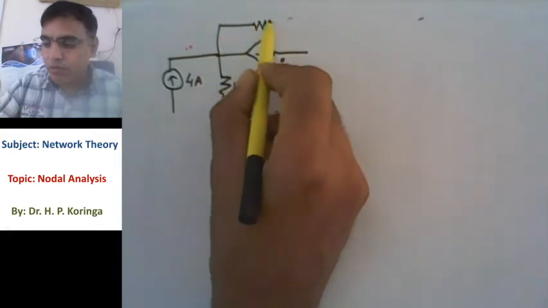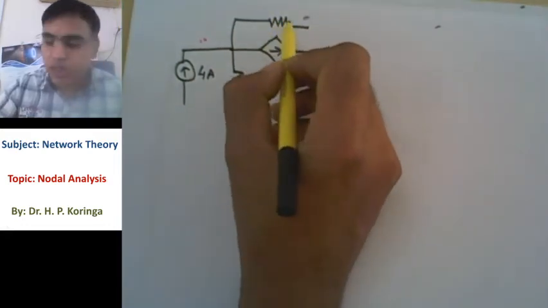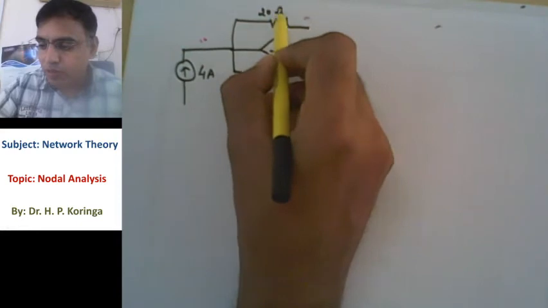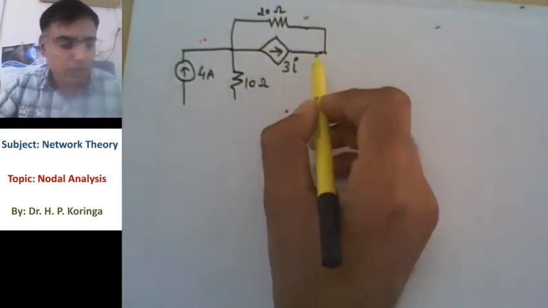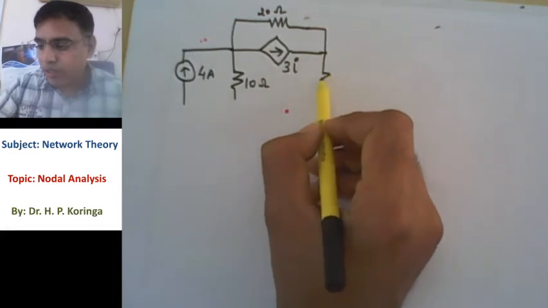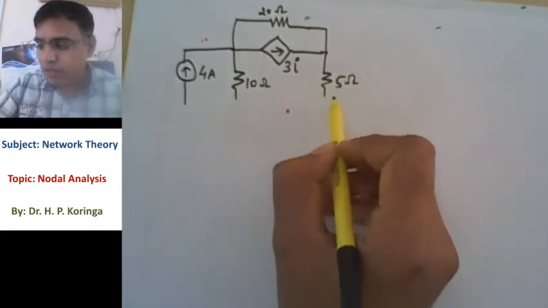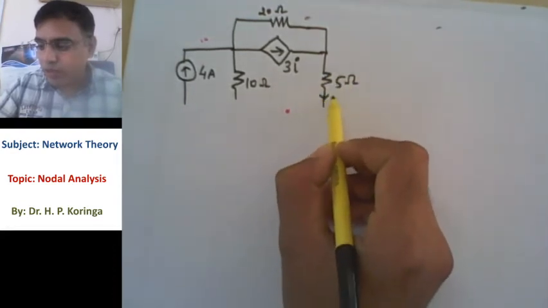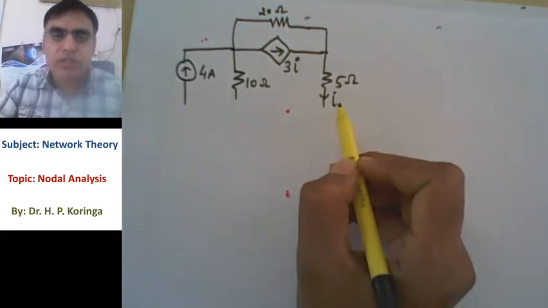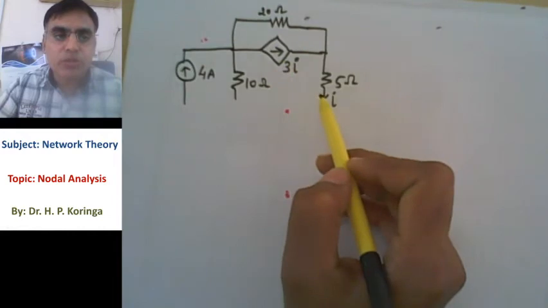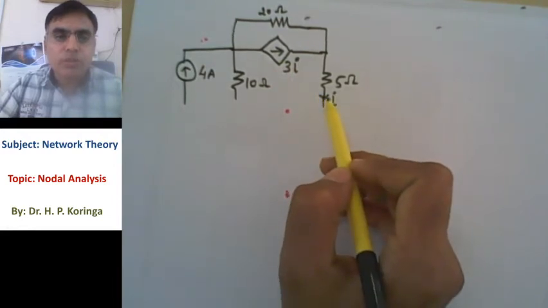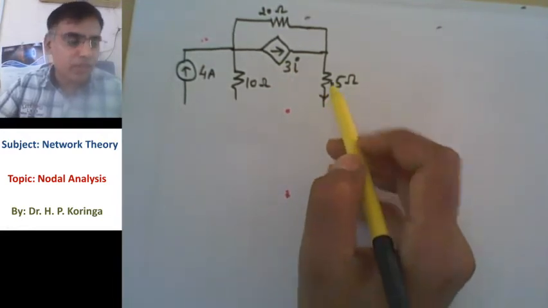And parallel to this current dependent current source we have one 20 ohm resistance, and here one 5 ohm resistance, and whatever current passes through the 5 ohm resistance is I. So this dependent current source depends on the current passing in the 5 ohm branch.